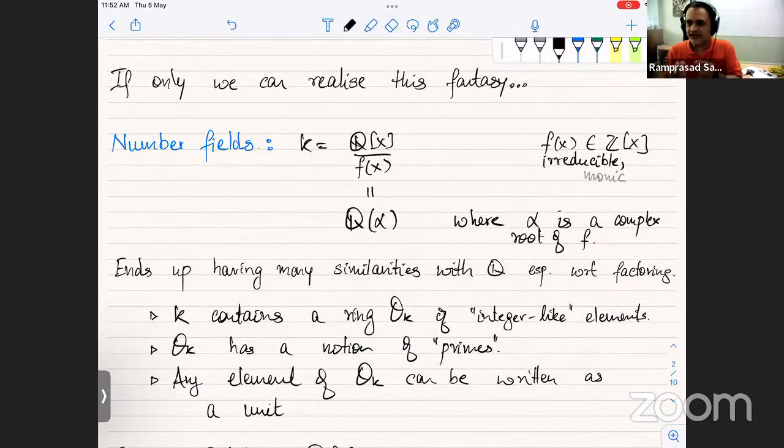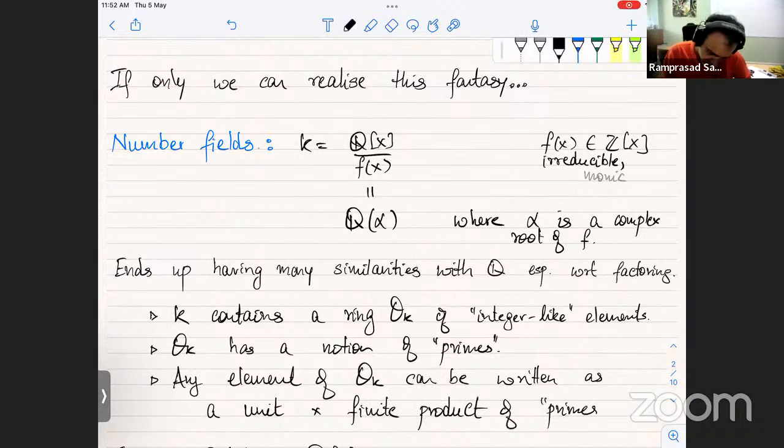A unit is an element in O_K such that the inverse is also in O_K, like the 1 and minus 1 that we are more familiar with. Just like we are familiar with integers, each of these integer-like elements can be written as a unit times a finite product of primes.